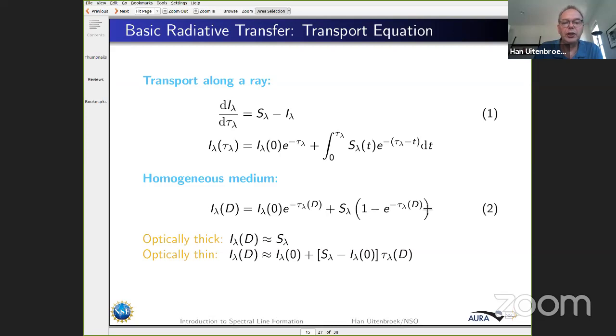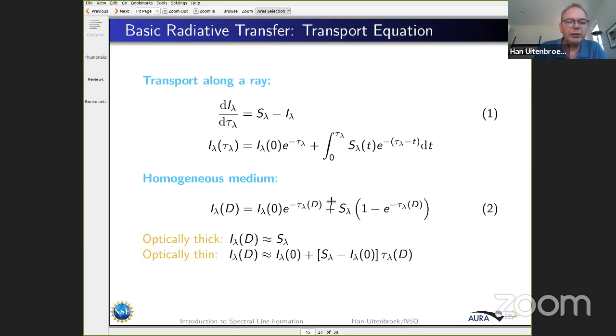And the exact solution is then that the intensity coming from a slab of thickness d is the intensity that impinges on this slab, I0, times e to the minus tau, plus the source function times one minus e to the minus tau, where tau is the total optical path length through this slab.